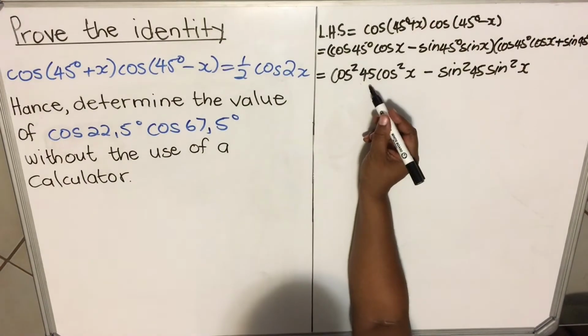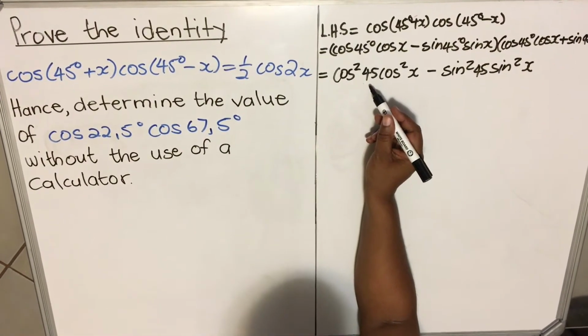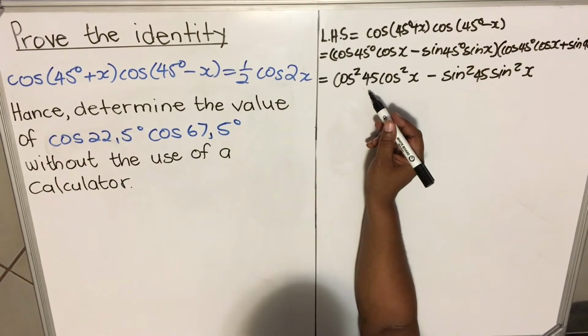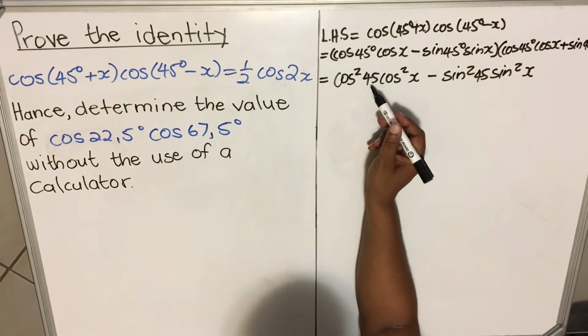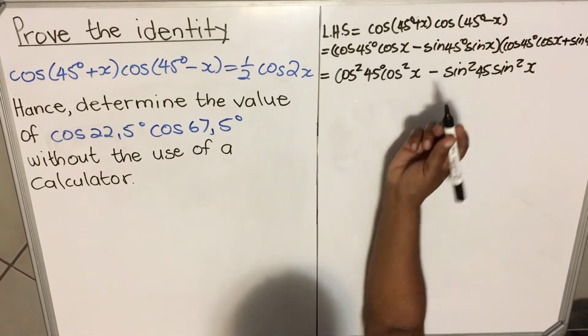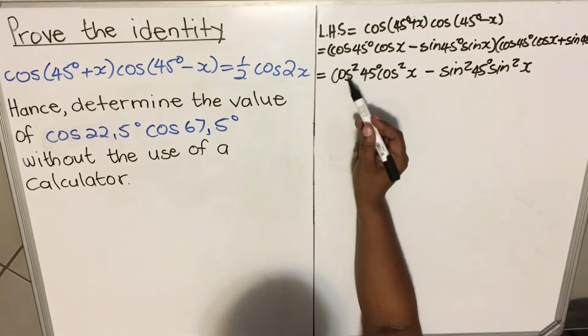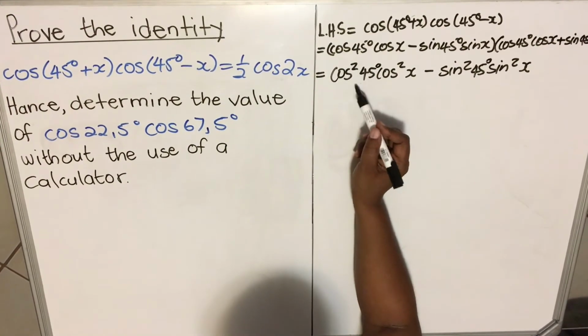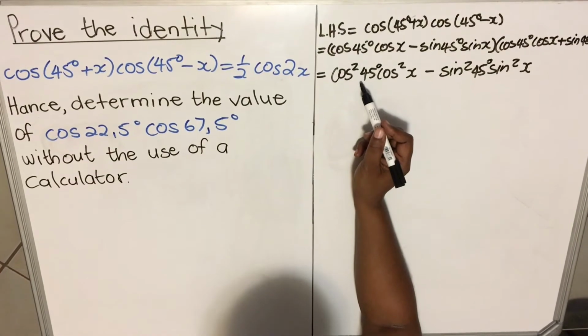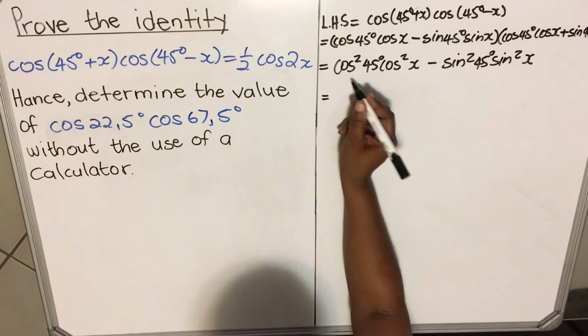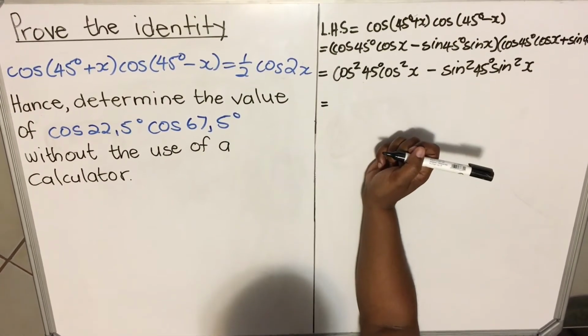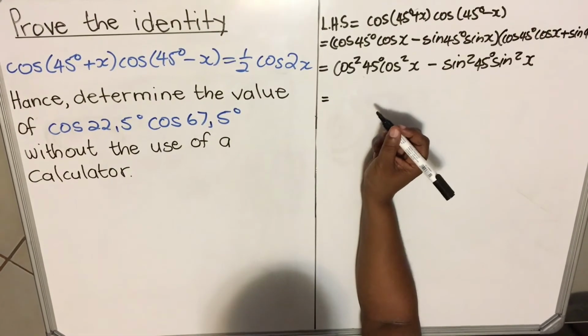Now 45 is a special angle, so you can write it as a number. The ratio is squared, so the answer that you're gonna get here is squared. Cos 45, when you punch it in your calculator, you get root 2 over 2.